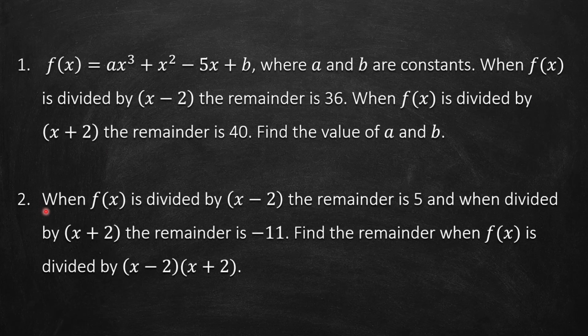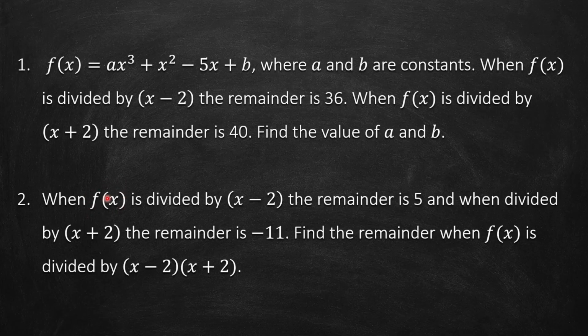And then for the hardest level, for example like this number 2 here, where the function f(x) is completely unknown. Here you can see that they only state f(x) is divided by the divisor x minus 2 with remainder 5. But they don't give the information about the function.